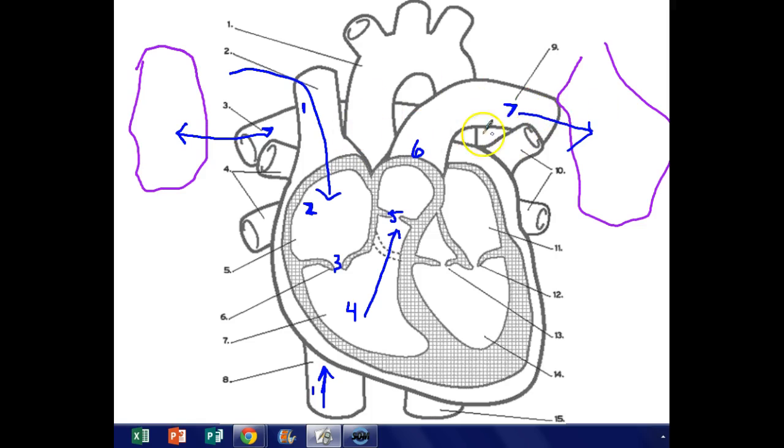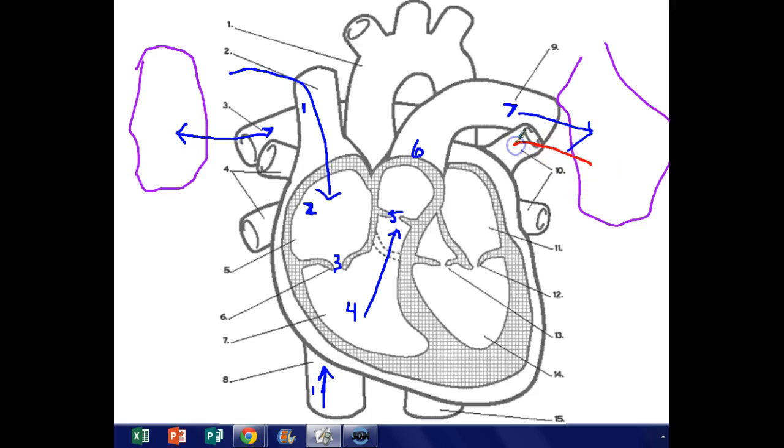And in the lungs, what happens here is the blood undergoes a diffusion. Carbon dioxide goes out and oxygen comes in. So now our blood is oxygenated. That was the job of the lungs.